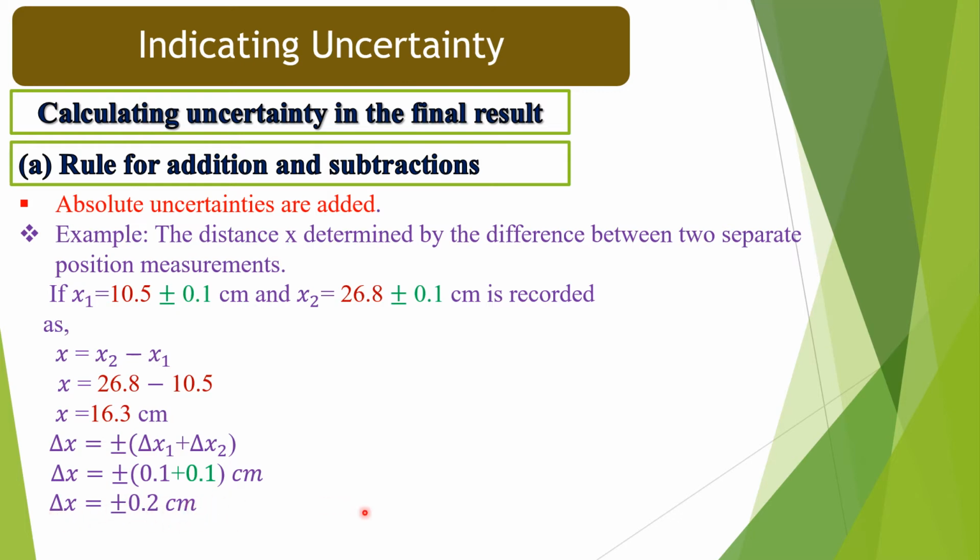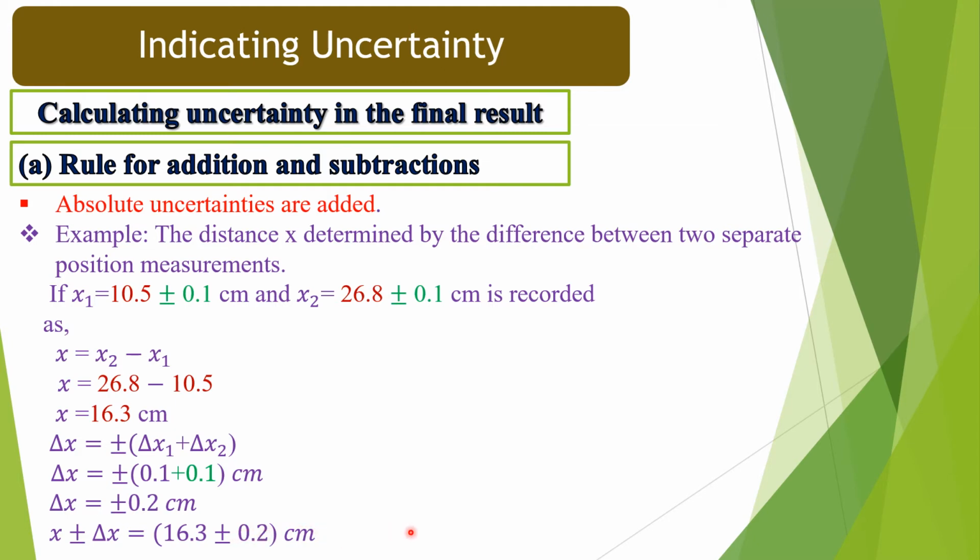This is the uncertainty in the final result, and we can write it as x plus minus delta x equal to 16.3 plus minus 0.2 centimeter. We write our final result with uncertainty in it. Our final result is x plus minus delta x, where x is the measured value and plus minus delta x is the uncertainty in the final result.